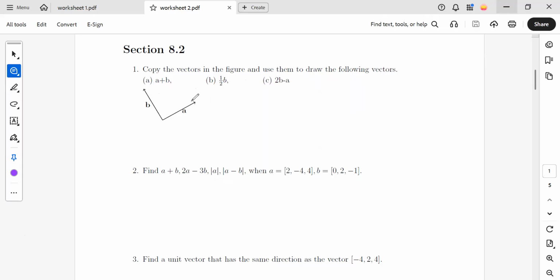So let's say we want to use triangle law. We would start from the first one, a, and this is b. So a plus b is here.